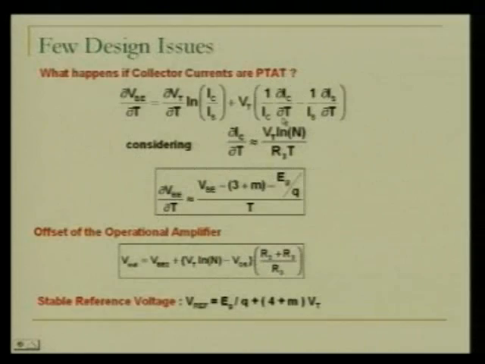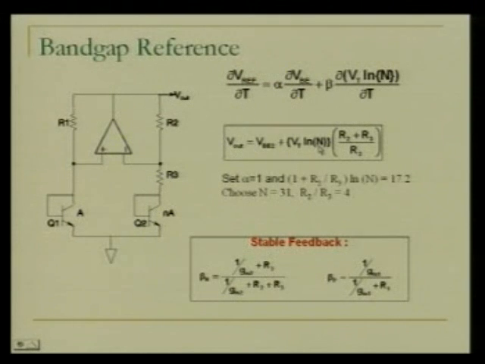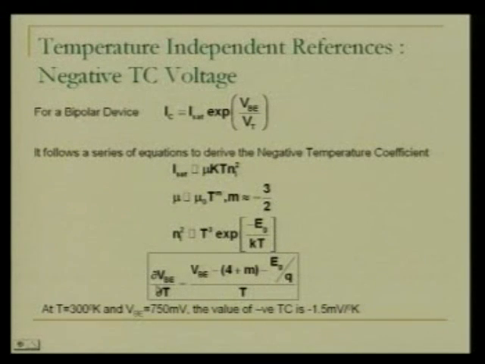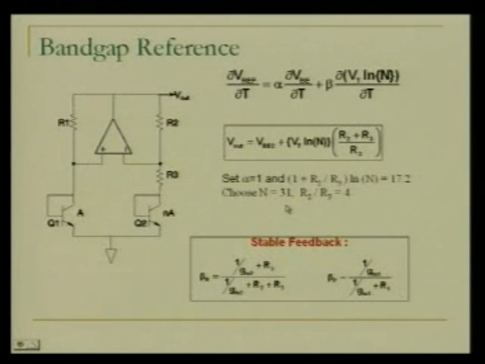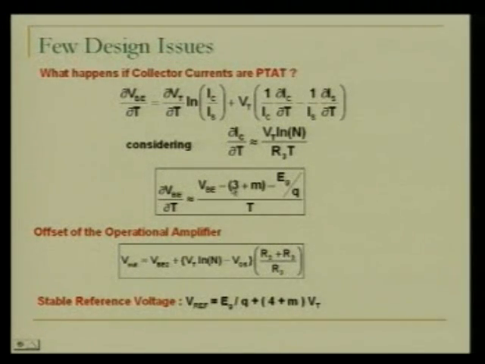So you have to analyze in a different way, that is del Vb, the variation of Vb with temperature, is a function of Vt changing with temperature, IC and Is, all of these. And if you consider this del IC by del T to be equal to Vt ln n by R3 T, that directly comes from this equation, then this expression that appeared here, del Vb by del T, the 4 minus m terms only get changed approximately to 3 plus m.